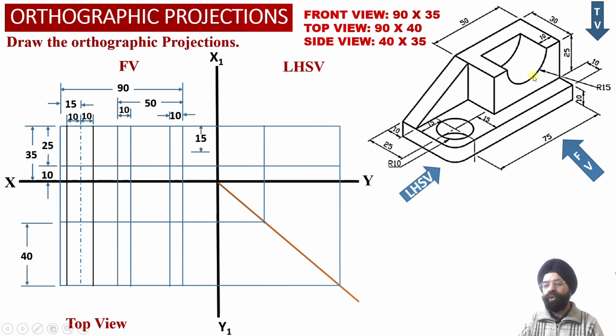Now another thing, we know that there is a semicircular slot which has been cut towards the top surface of this rectangular block, and this semicircular slot has a radius equal to 15 millimeter. So now at a distance of 15 millimeter from the top surface, we are able to mark a horizontal projector line into the front view projections, and we have been able to extend this horizontal projector line into the left hand side view projections as well.